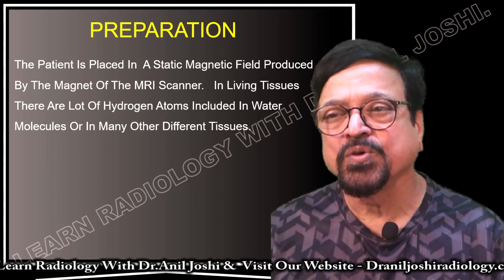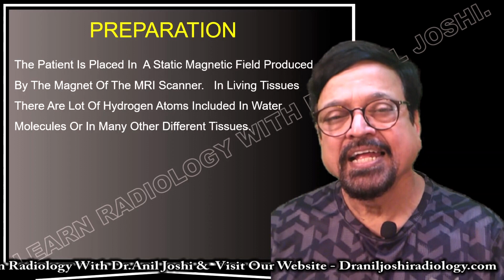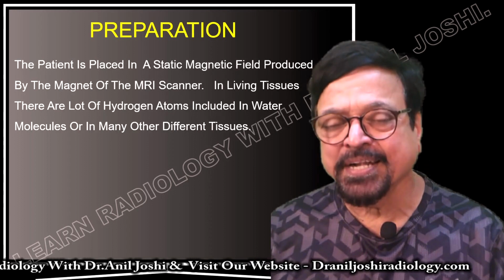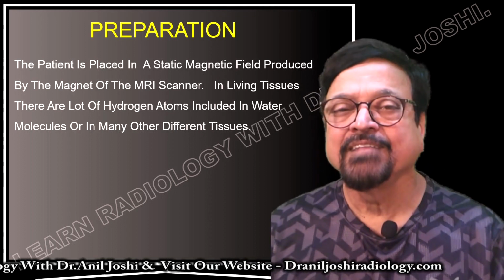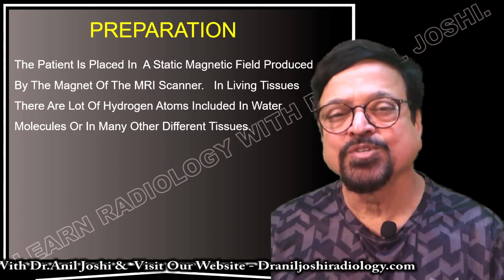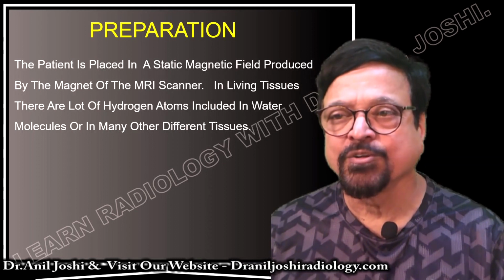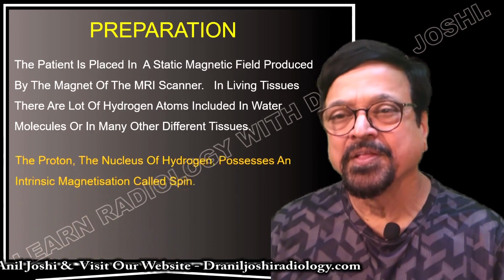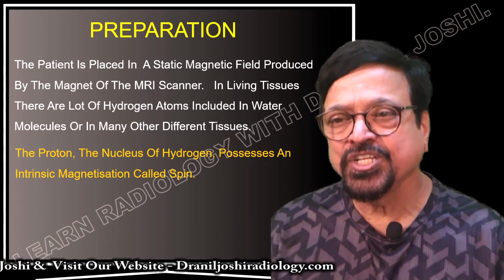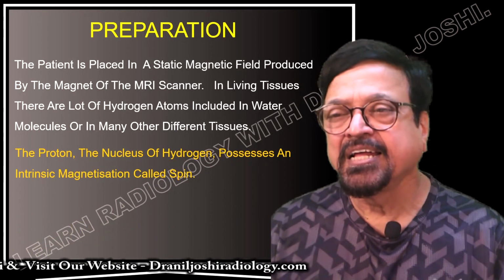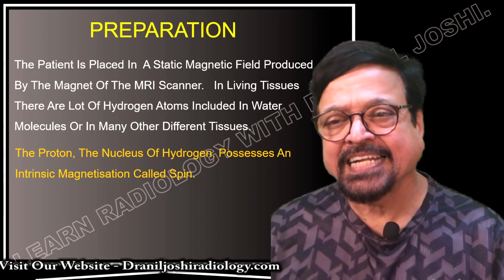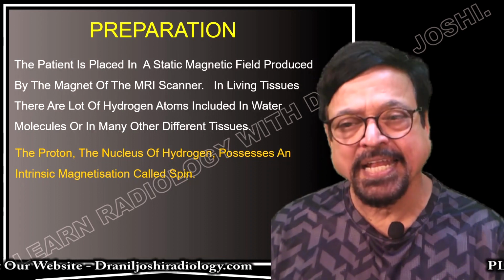So these molecules are abundant. However, they are not only free water but also in other fluids, and different tissues have different concentrations of hydrogen in them. The protons, the nuclei of hydrogen, possess an intrinsic magnetization called a spin.